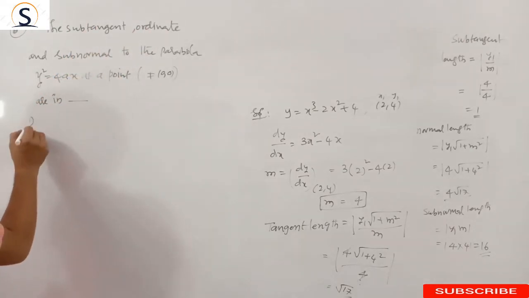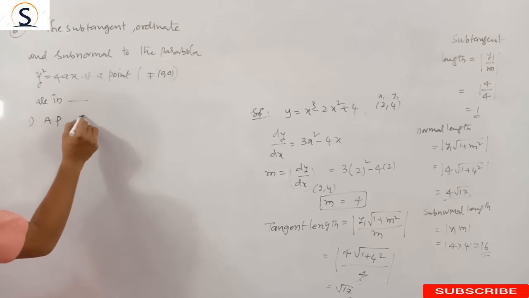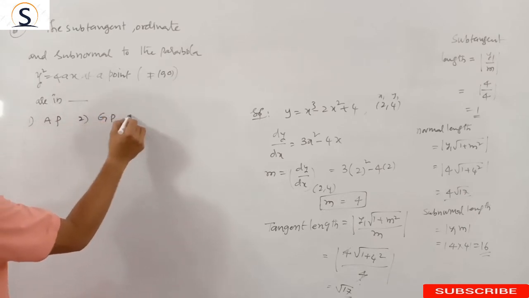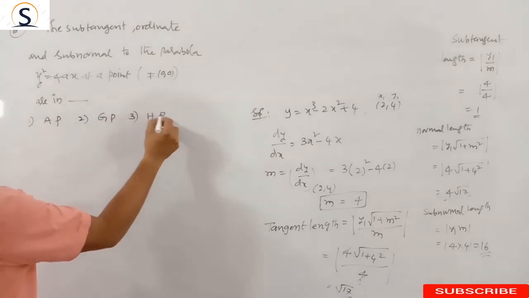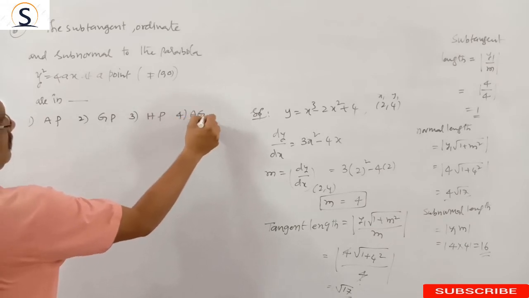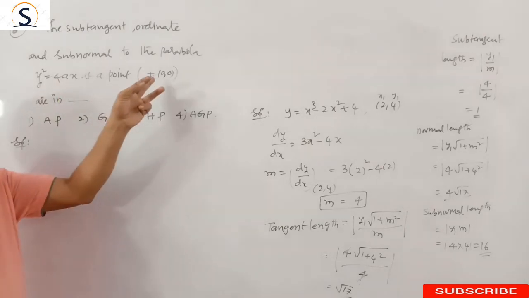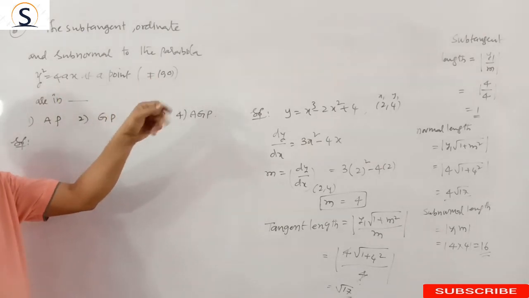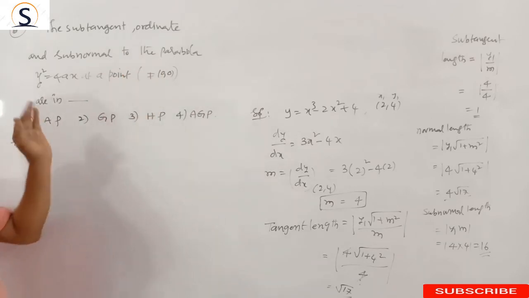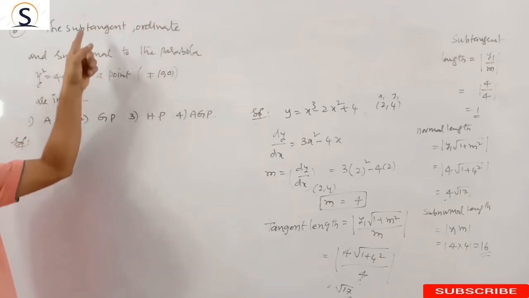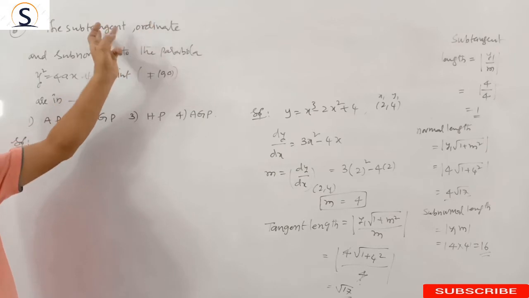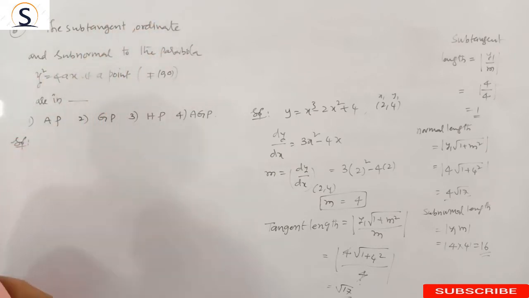The options given are: first one AP, next GP, third one HP, the fourth one is AGP. So when you take y square is equal to 4x and you take a point other than the origin, what is the relation between the lengths of these two and the ordinate?